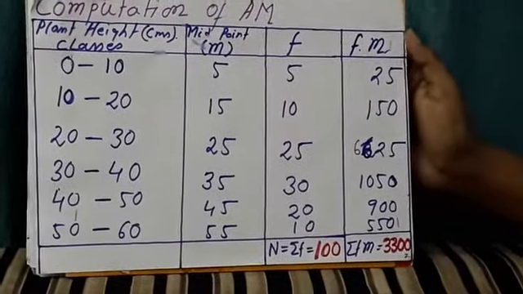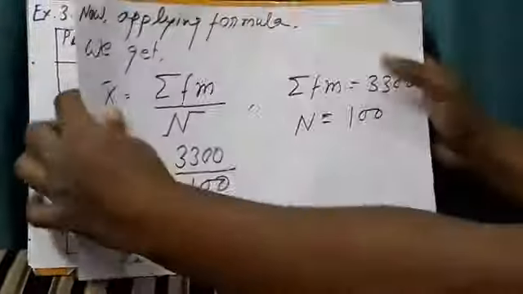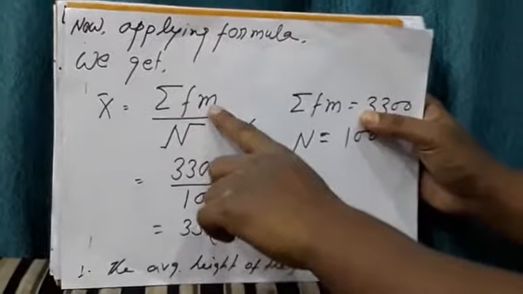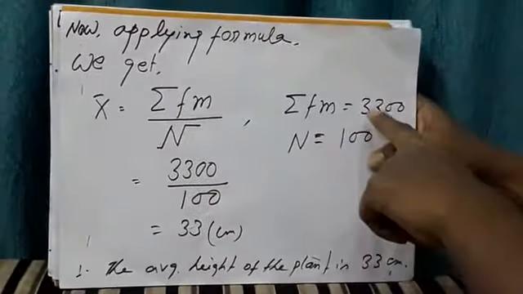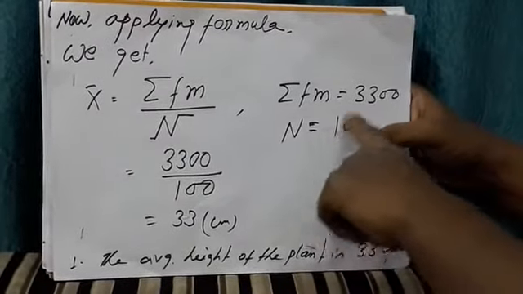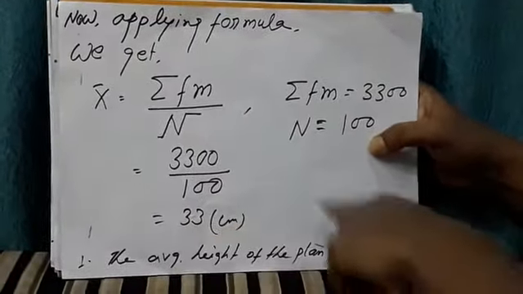Now as per our formula, what is the formula? Formula is summation fm by capital N. What is the summation fm here? It is 3300 and N is what? It is 100. Putting all this value in the formula, we will get the answer.